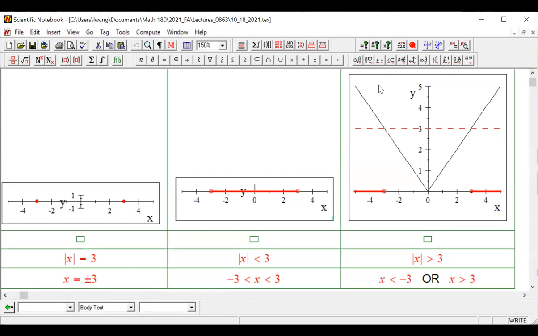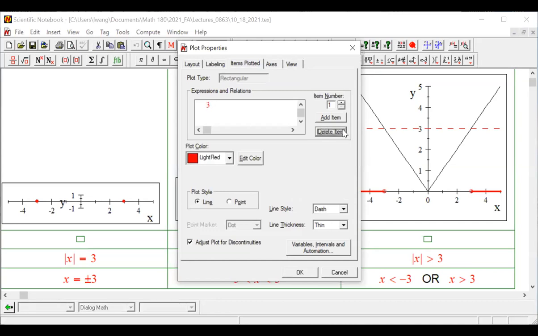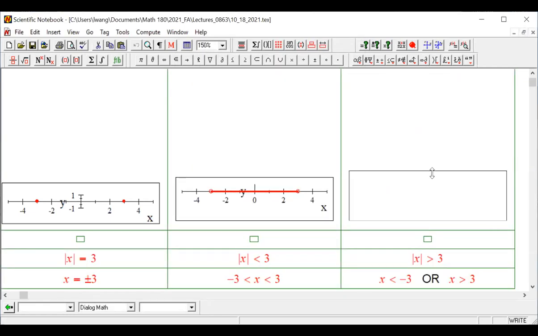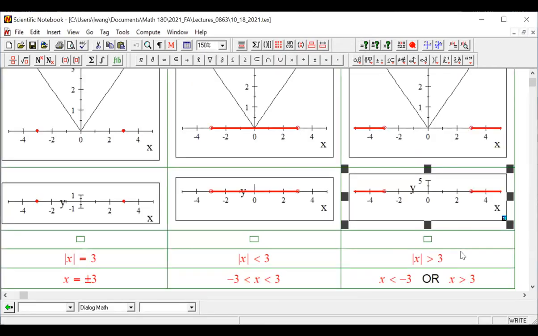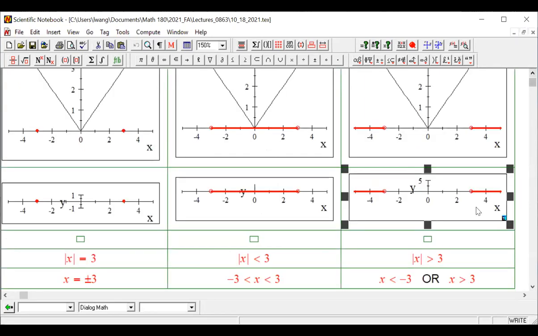So that last one, I'm going to remove that. Okay, so look at these, the one in the middle.